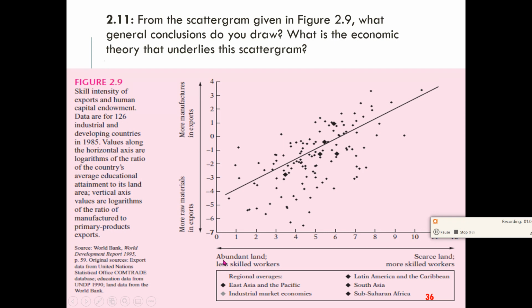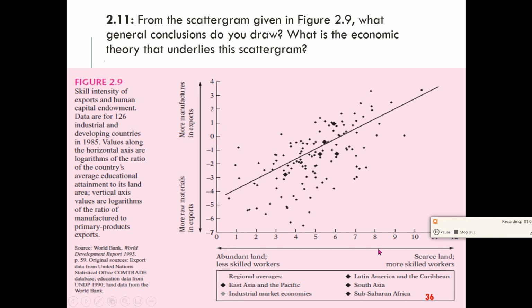That is, these are the countries who have comparative advantage in land, but they are not advantaged in terms of skilled workers. Then there are some countries who have more skilled workers, that is, they have comparative advantage in labor.